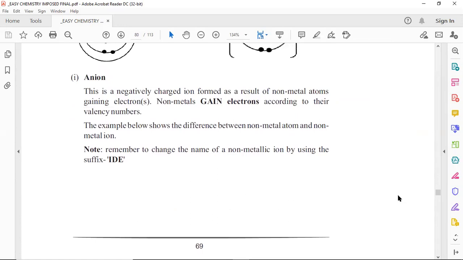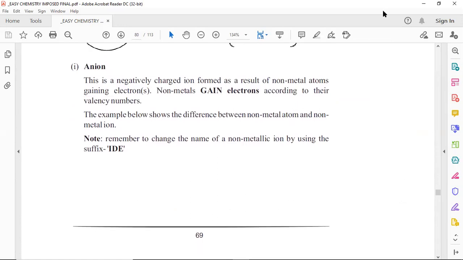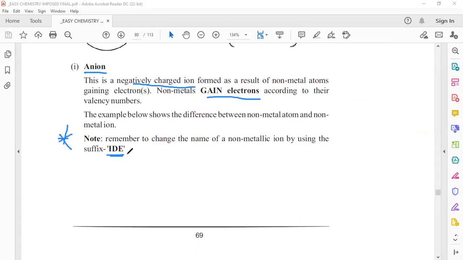For anions, there is a gain of electrons. An anion is a negatively charged ion, of course, and there is a gain of electrons according to the valence number. Then there's a note to remind you that anions change their names.